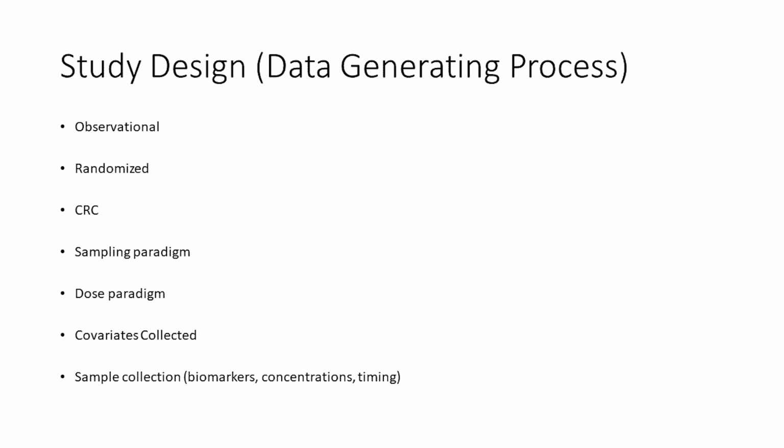Was the study conducted in a highly controlled setting like a clinical research center? What was the concentration sampling paradigm? Was it random? Was it optimized? What was the dosage paradigm? What was the frequency of doses? What were the range of doses? What covariates were collected, i.e. what patient-specific characteristics or demographics do we have in the data set?